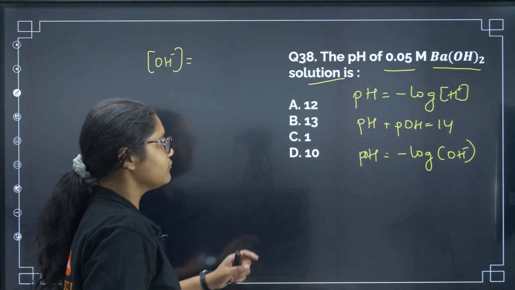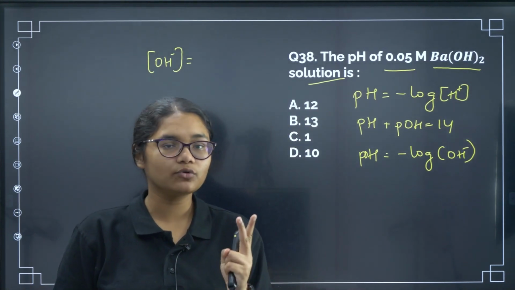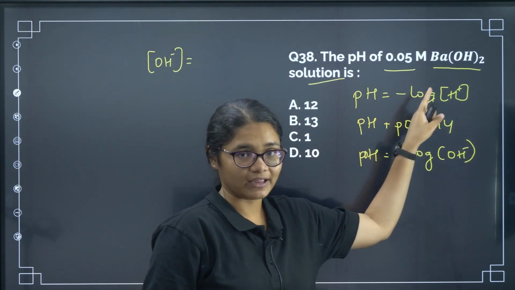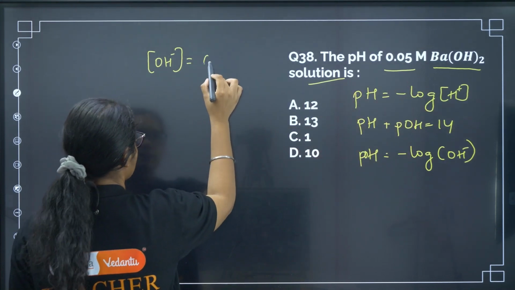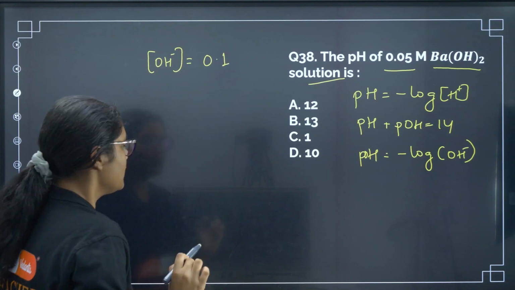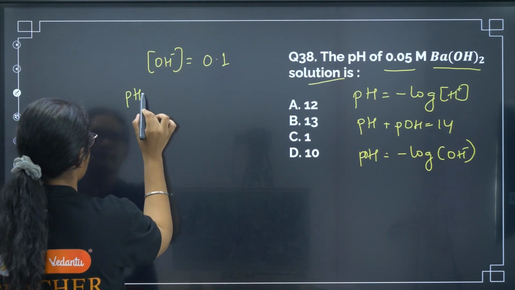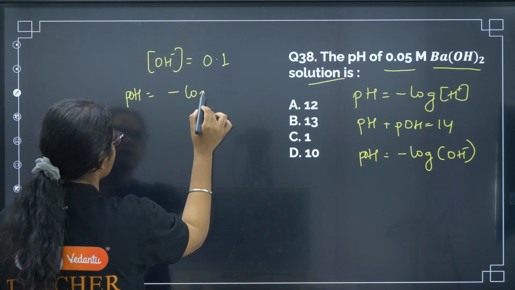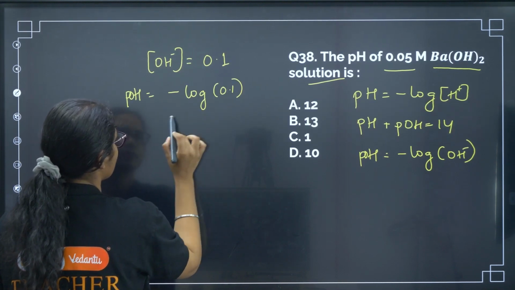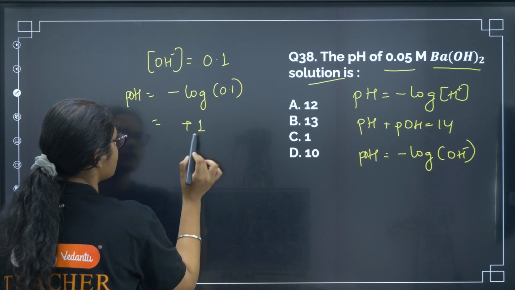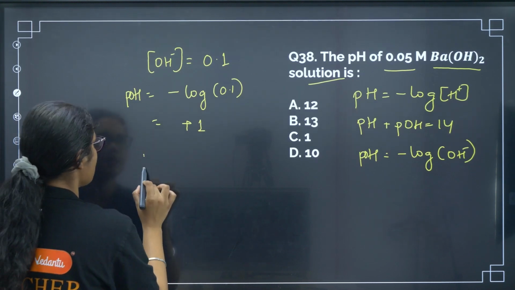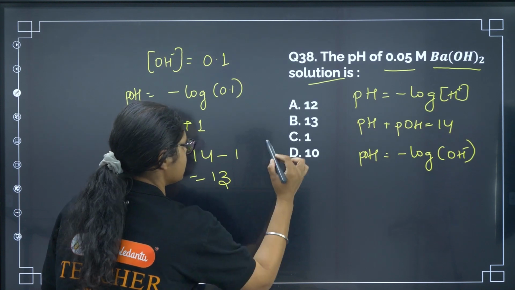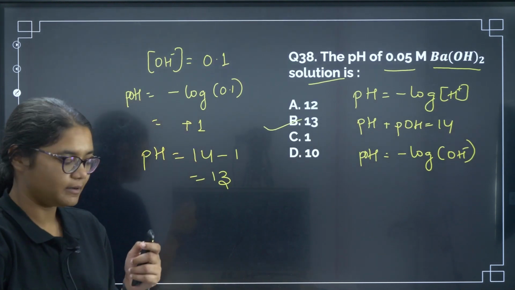See, from 1 mole of barium hydroxide, Ba(OH)2, we'll get 2 moles of OH minus, right? So from 0.05, the number of moles of OH minus will be 0.1, right? Now pOH will be equal to minus log of 0.1, or I can write it as plus 1. pOH is equal to plus 1, then pH will be equal to 14 minus 1, that is 13. So the correct answer for this question is option number B.